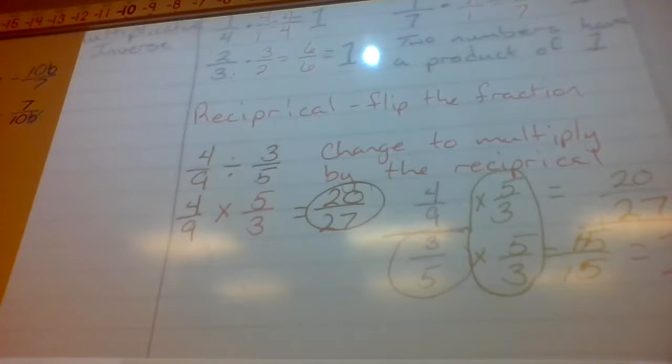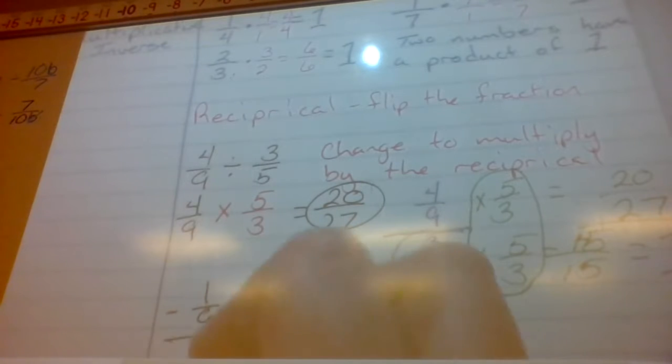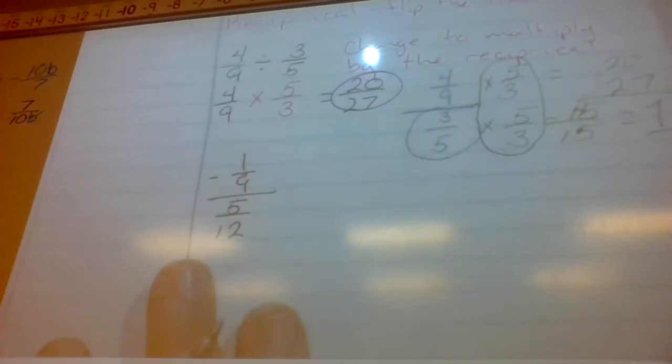Okay, what if we did the problem of, this one's going to change up a little bit. Now I'll do that. How do you think we read this problem? -1 divided by 5. -1 what?